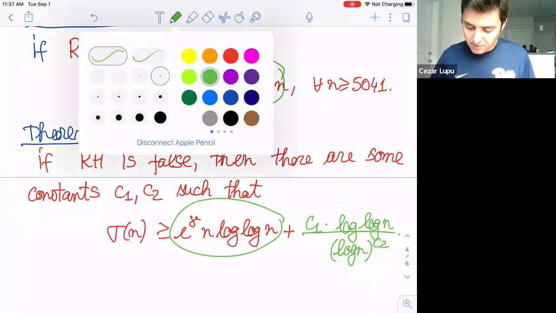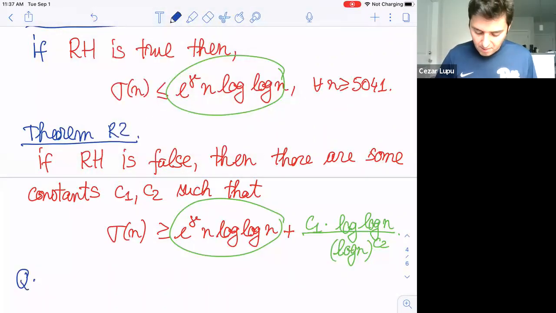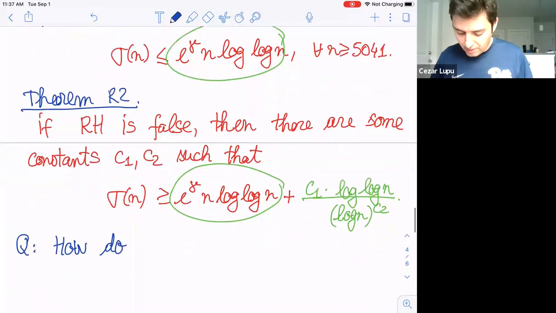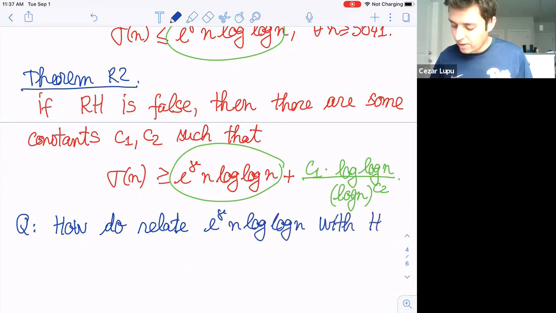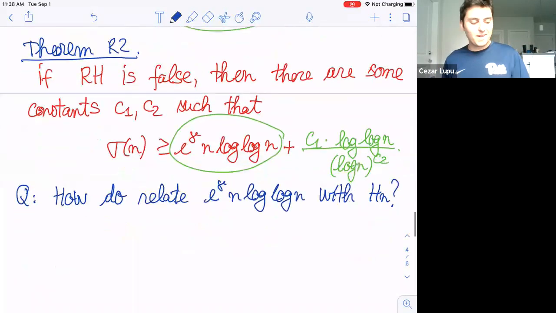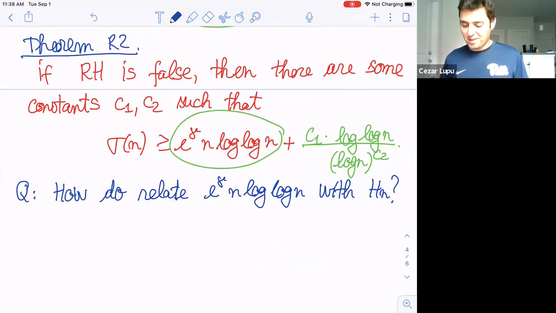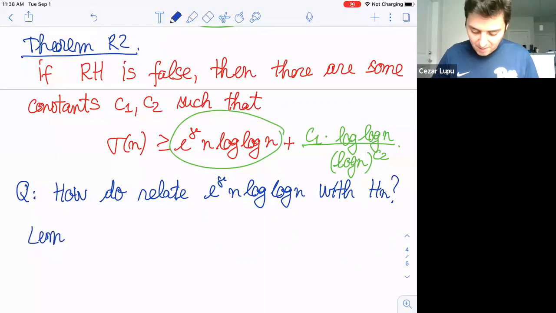So the question now is, how do we relate this expression e to the gamma n log n with Hn? That is the question. This will be covered by the following lemmas, just like Lagarias names them in his paper.